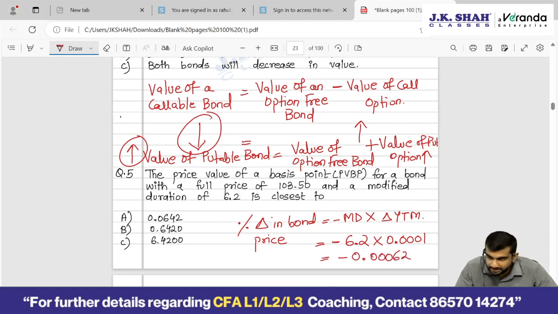Now it converts back to percentage. So minus 0.062%, right? Now apply this 0.062% on the current market price of 103.5. How much does it come to?